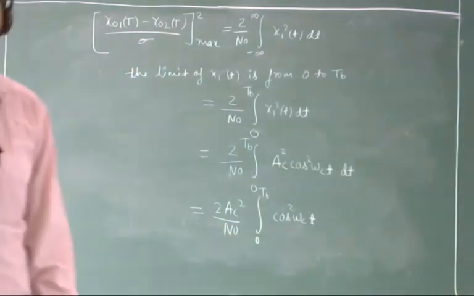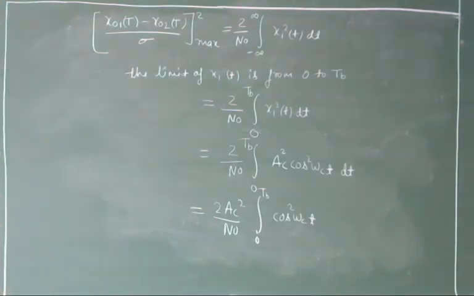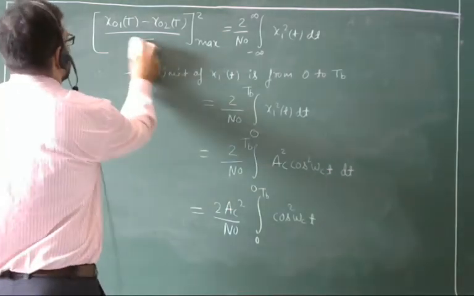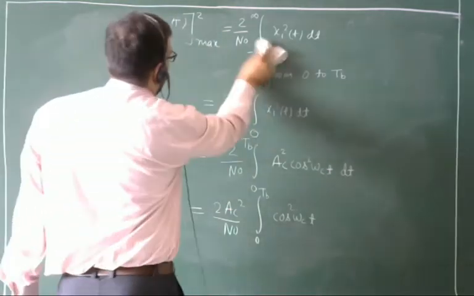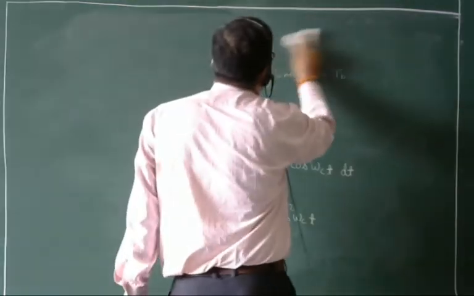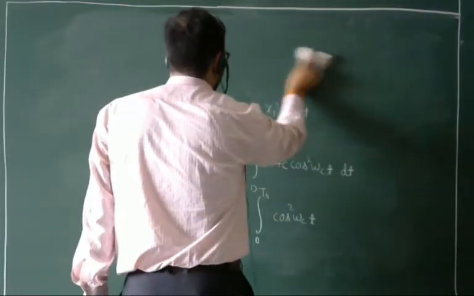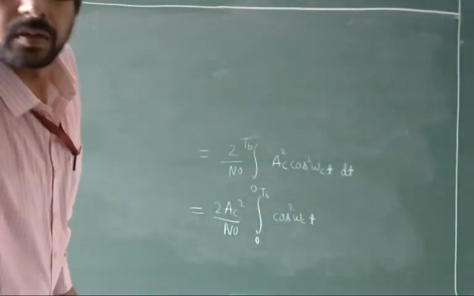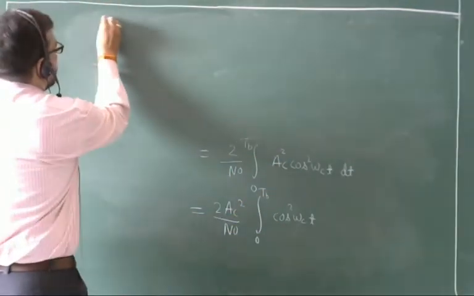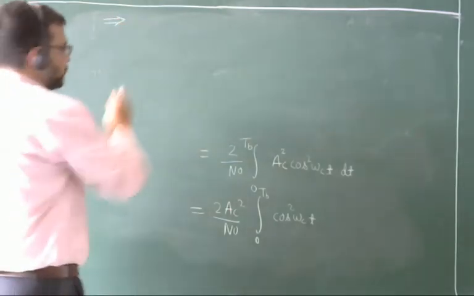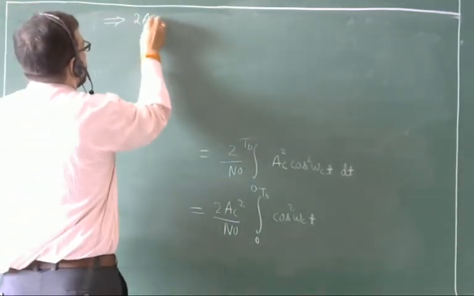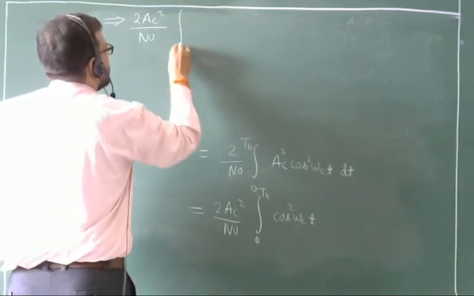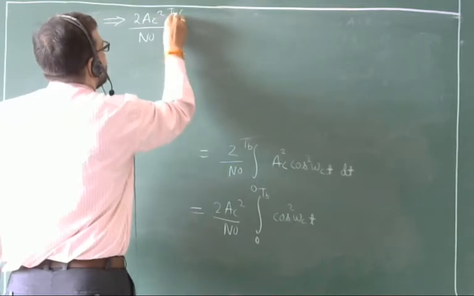Okay, after that it is equal to 2 A C square by 2 upon N naught, integral from 0 to Tb.